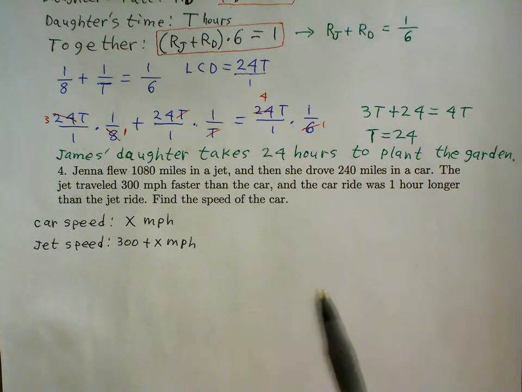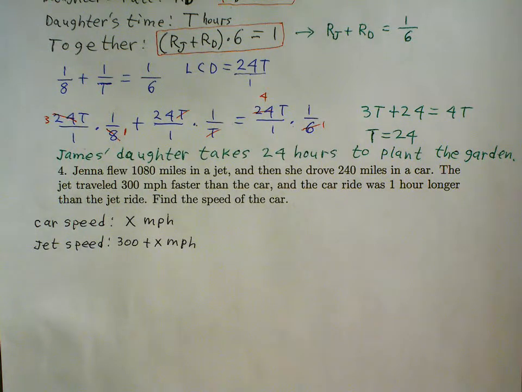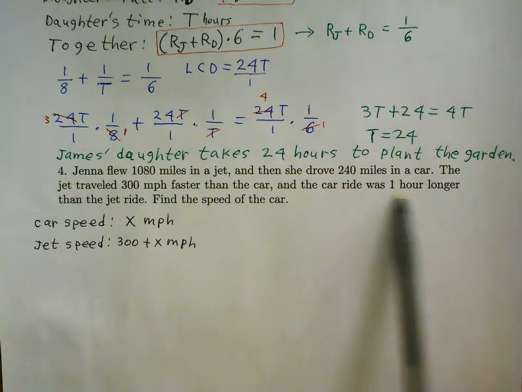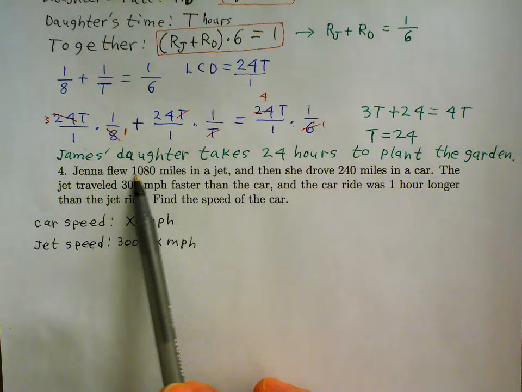What does it tell us about time for the car ride and time for the jet ride? The car ride was an hour longer than the jet ride. Yeah, the car ride was 1 hour longer than the jet ride. So we'll keep that in mind. And the distances are pretty clear.